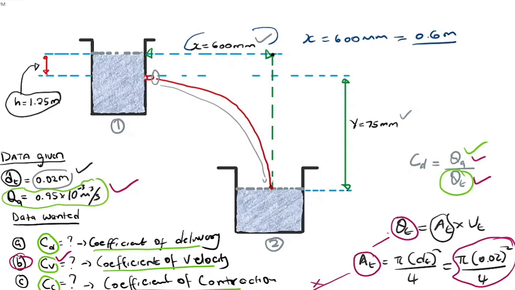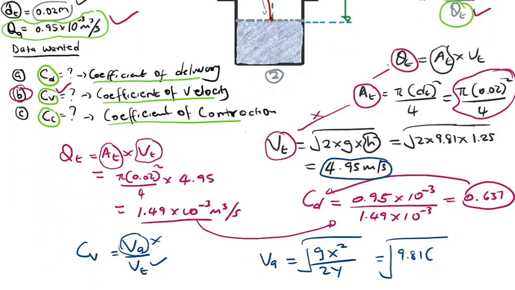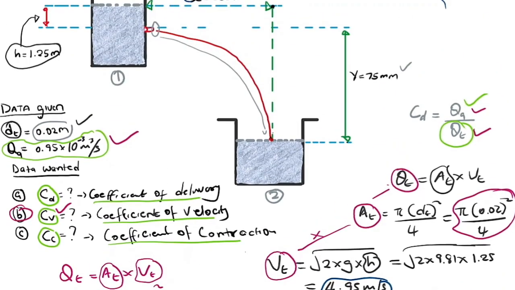You take this and put it there. Instead of x, it is 0.6 squared, divided by 2 times y, this y. You put it into meters. It is 0.075 meters.